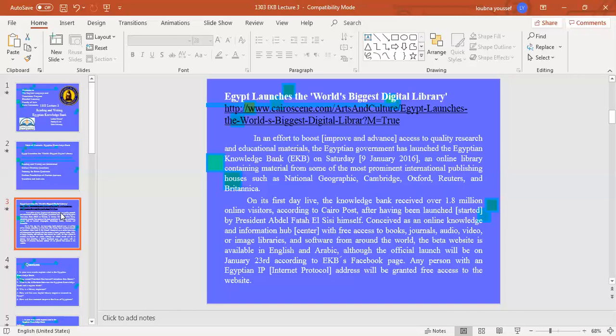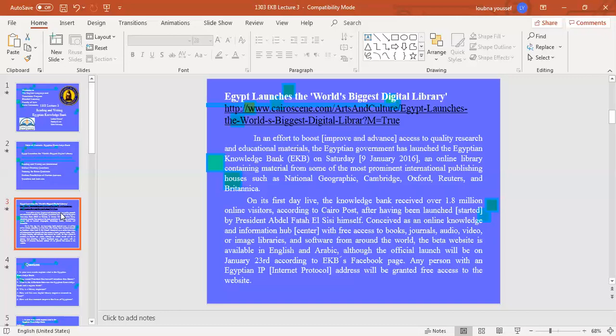Now, how much money did Egypt pay to the publishers, the international publishers mentioned above, the National Geographic, the Cambridge, Oxford, Reuters, and Britannica, in order to allow Egypt to officially use these sources on this bank?